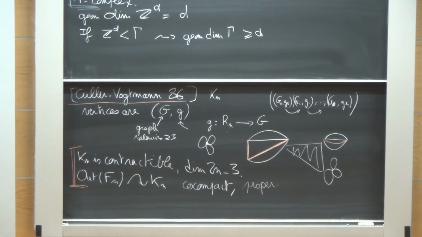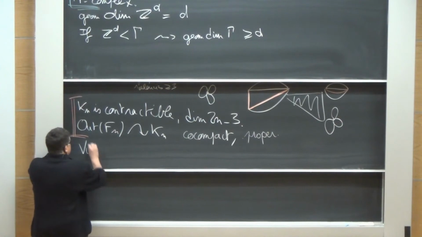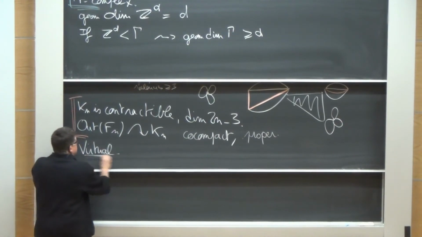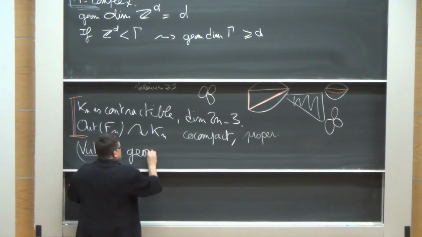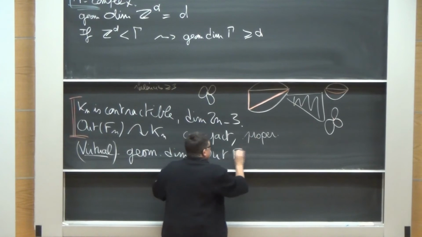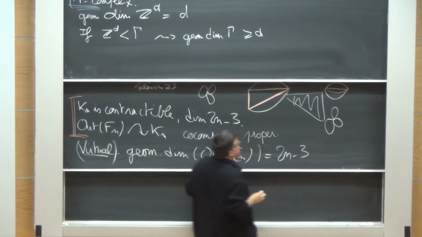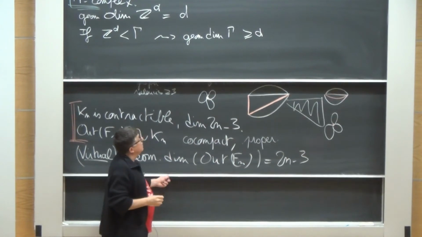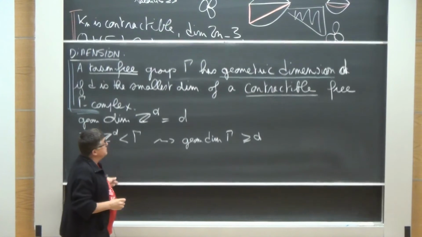Okay? So, anyway, let me write the virtual, which means up to finite index, geometric dimension of Out(Fn) equals 2n minus 3. Okay.